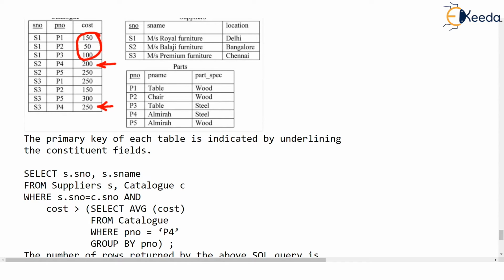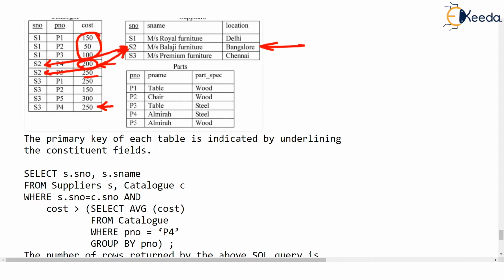But for S2, the join will be over here, and this part costs 200, which is not greater than 225. But the same S2 joins with the S2 in the other table, and the cost over here is 250. So this supplier supplies a part which has cost greater than the average cost of P4.